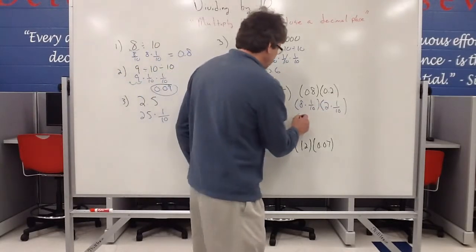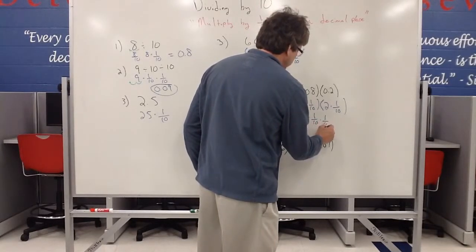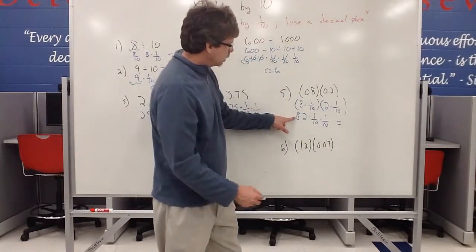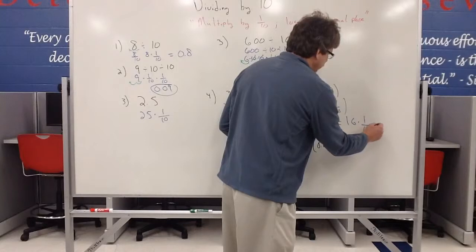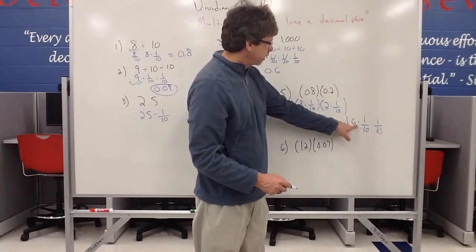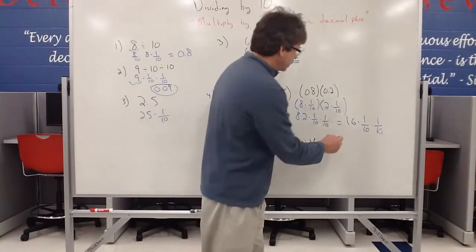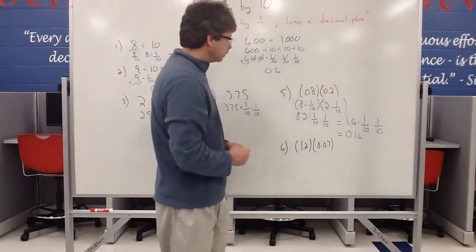I could change this to 8 times 2 times 1/10 times 1/10. In other words, I would have 16 times 1/10 times 1/10. But remember, when you multiply by a 10th, that essentially makes your decimal move over a spot. But if you multiply by 1/10 again, you have to move it over again. So that ends up being 0.16.